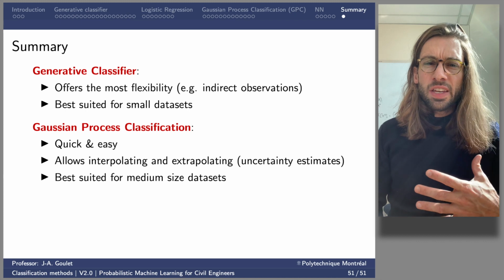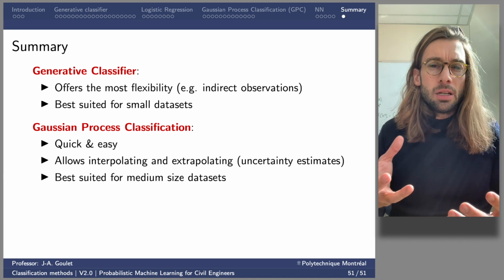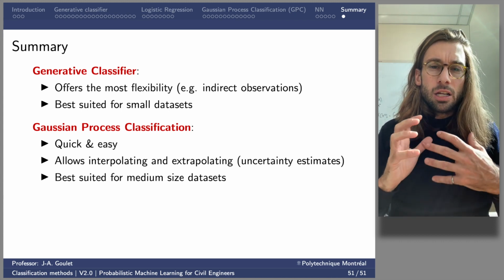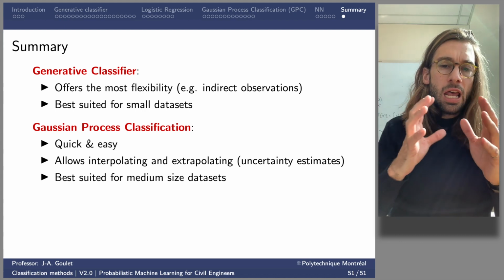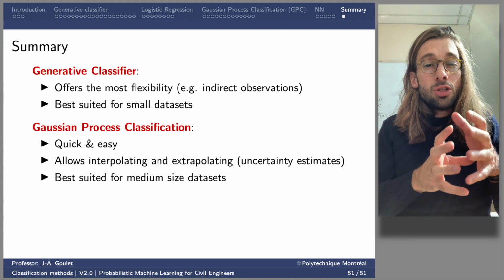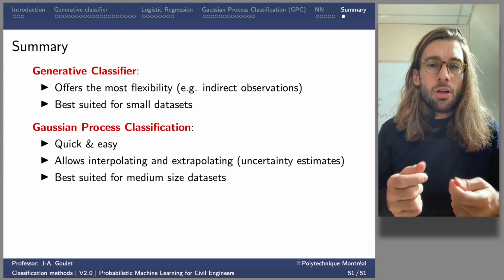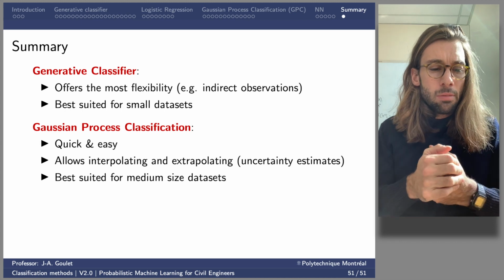So Gaussian process classification, once you understand the mechanics behind it, everything's already implemented in the package. It works really well. It's quick and easy to set up your problem. It's going to allow you to differentiate between interpolation and extrapolation because it provides an uncertainty estimate on the latent Gaussian process that is underlying the problem.